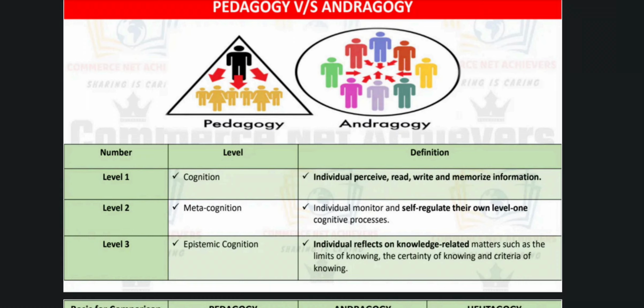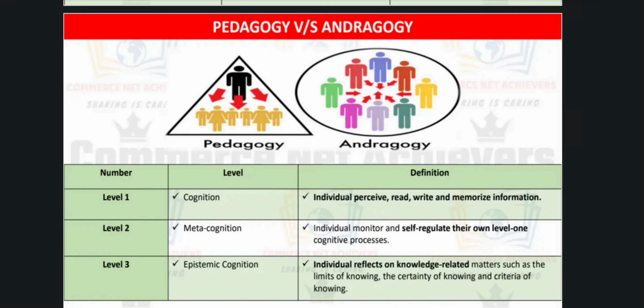Level 2 is metacognition. In this, individuals monitor and self-regulate their own level 1 cognitive processes. Level 3 is epistemic cognition. Individuals reflect on knowledge-related matters such as the limits of knowing, the certainty of knowing, and the criteria of knowing.